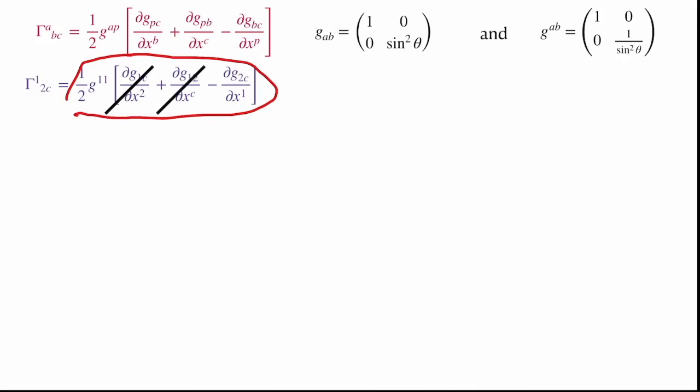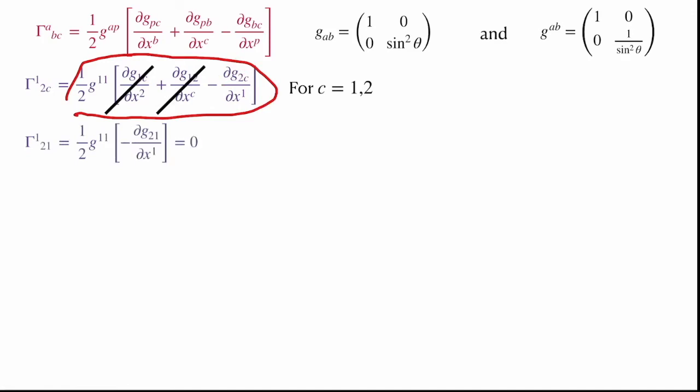The second term is also going to be 0 because there is no off-diagonal element in the metric. We end up with one single term, the partial differential of g2C with x1, which is θ. So we can compute this.